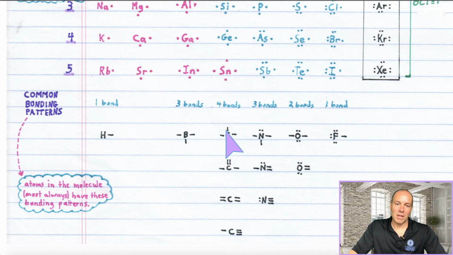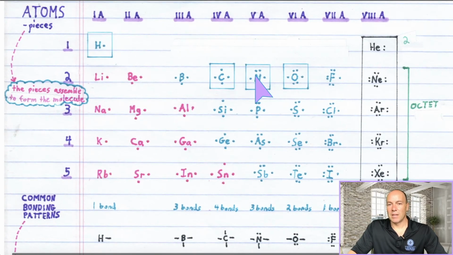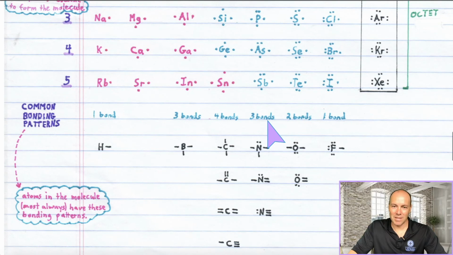If you're looking at this bonding pattern for carbon, you have 2 electrons in this bond, so that's 2, 4, 6, 8. So you have an octet here, and they all have octets. Now, once you get to the nitrogen column, nitrogen only has 3 unpaired electrons, so you're back down to 3 bonds. 2 of those electrons are already paired up. They're not going to be used to form a bond.